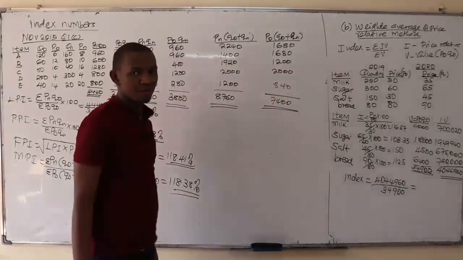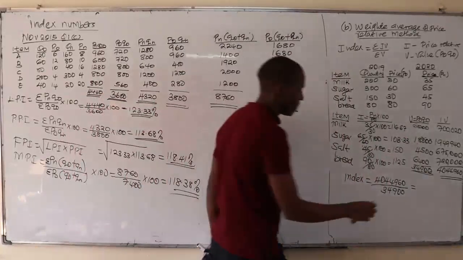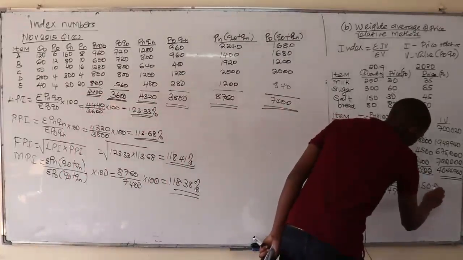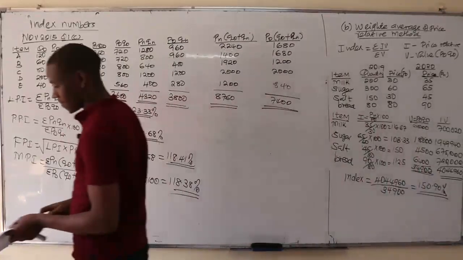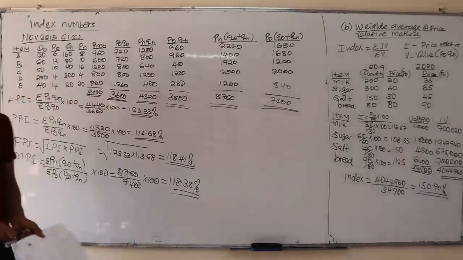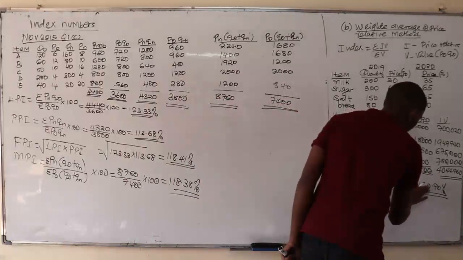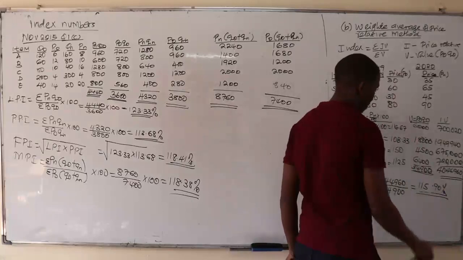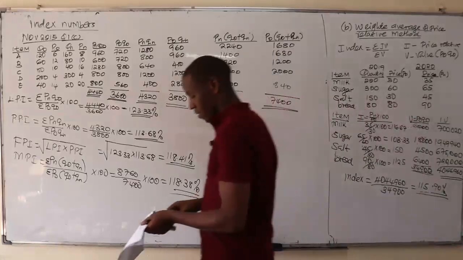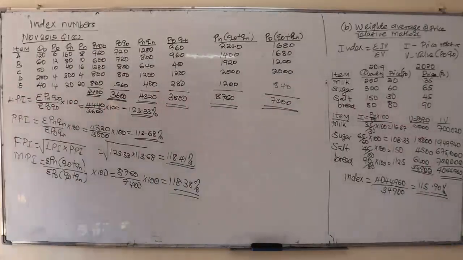When you divide, you get 115.9. That is how you are supposed to do that one. Sawa.